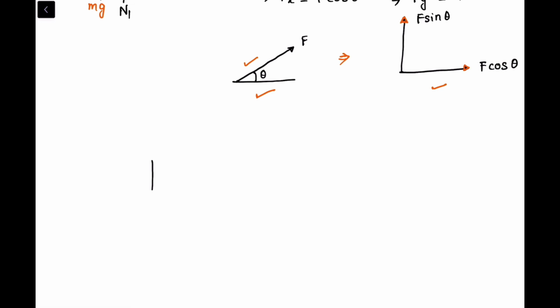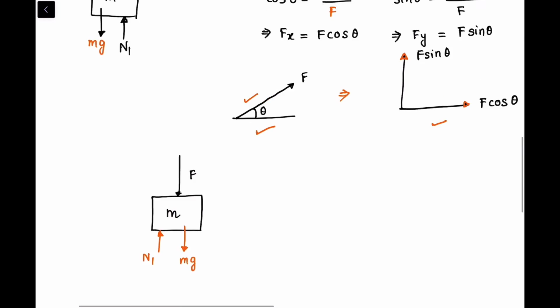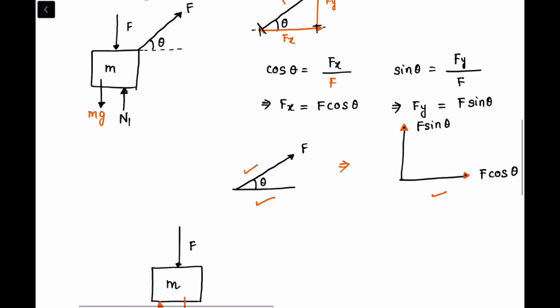So mass m. Previously we saw that the contact force N1 was upward, mg was acting downward, and a force F was acting downward, right? And there was this force F acting at an angle theta, right?